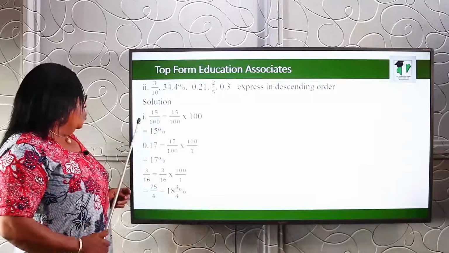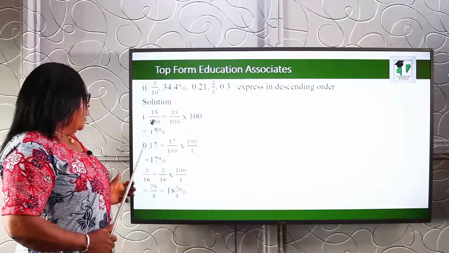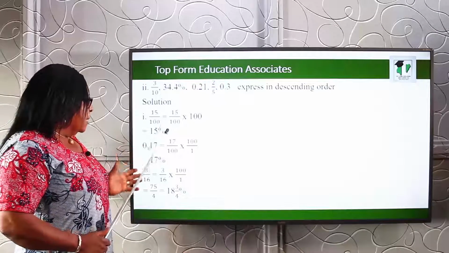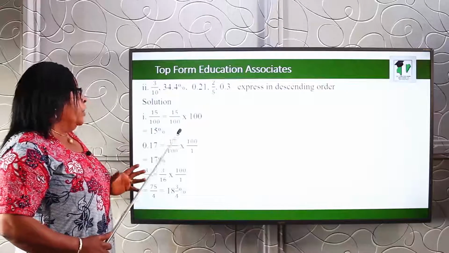So in this solution for question number 1, we are converting all the fractions, percentages, decimals, all to percentages to compare their values.